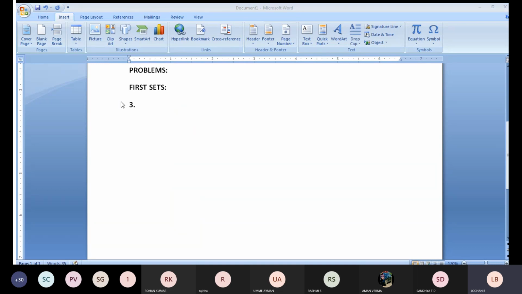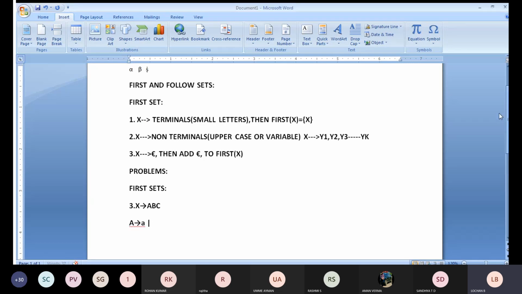So third problem, let us do X implies ABC. So we are going to continue the production now. A implies, don't write anything, observe. If you understood, you can write, or I am going to write it as epsilon.